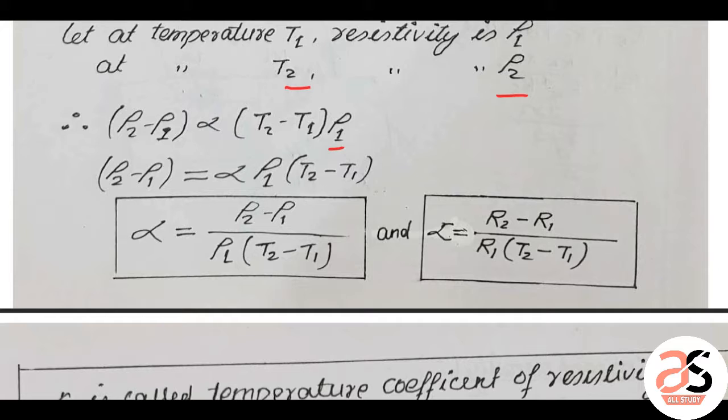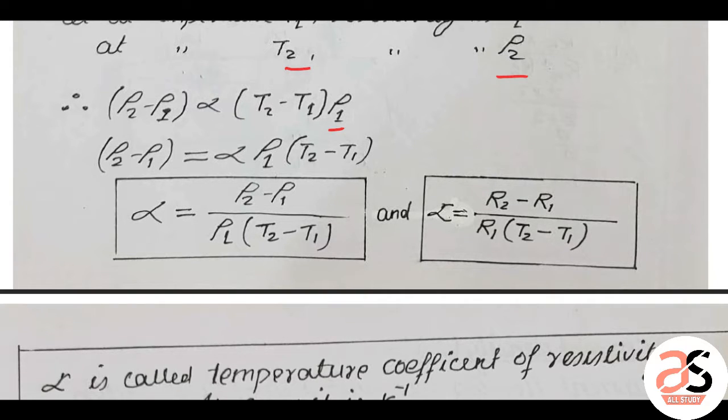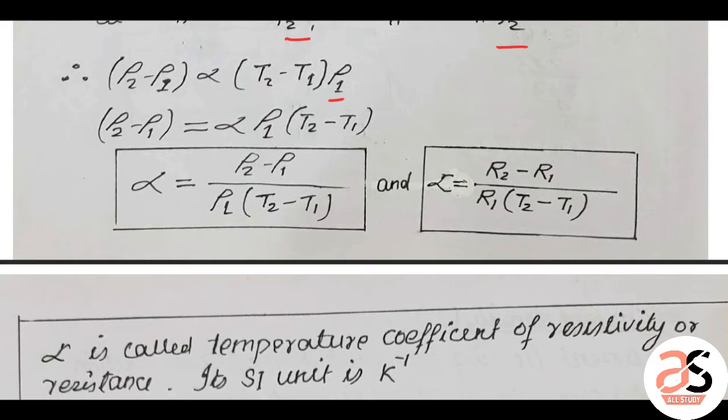So the change in resistivity depends on the change in temperature, and also on rho 1, the initial value of resistivity. This is delta rho, this is delta T and this is rho 1.